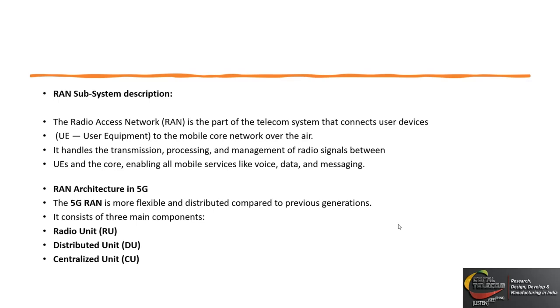One centralized unit can connect to multiple distributed units, and then you can deploy the radio units and connect all these over the interfaces. CPRI is required to connect the RU to the DU, and then another fiber or backhaul is required for the connectivity of DU and CU. So one CU can handle multiple DUs, and one DU can handle multiple RUs.